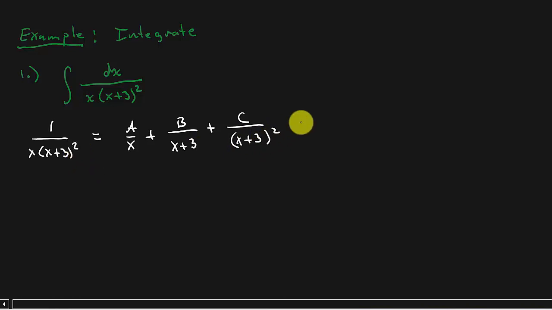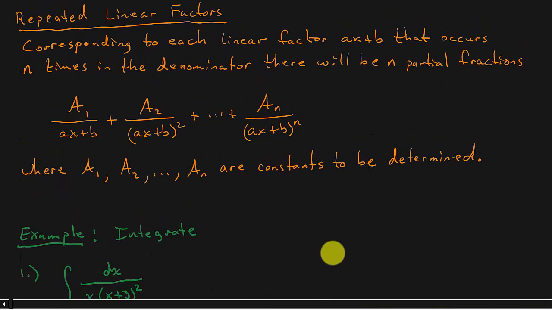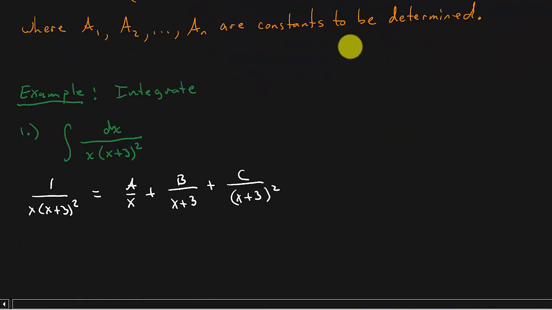If this was a 4th power, then you would have d over x plus 3 cubed plus e over x plus 3 to the 4th. I mean, that's all you're doing. You just got to do one for each factor, and whatever power it's raised to, that power just keeps increasing until you get to the nth power.